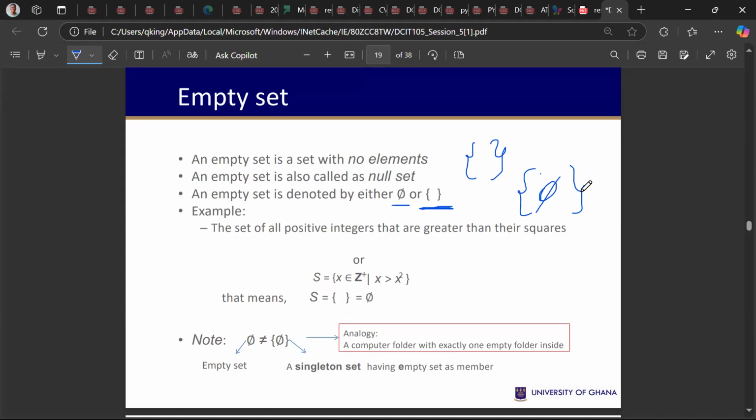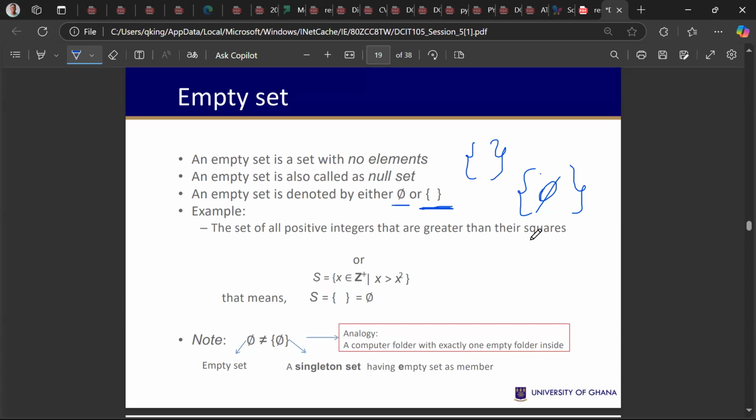And so I remember one prof was teaching you guys in class, he made reference to the fact that on your computer, when you have a folder named A, and then you create another folder inside folder A with the name B, though folder B is empty, because folder B is an element within folder A, folder A is not an empty set, but it now becomes a singleton set, because it has an empty set as a member.